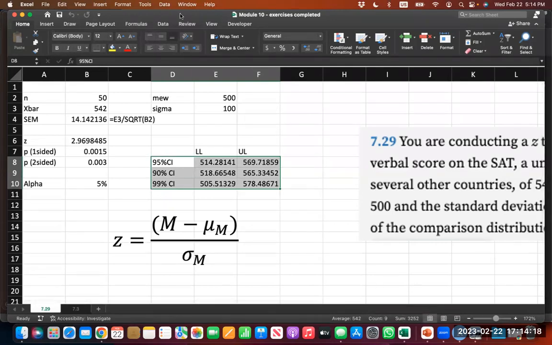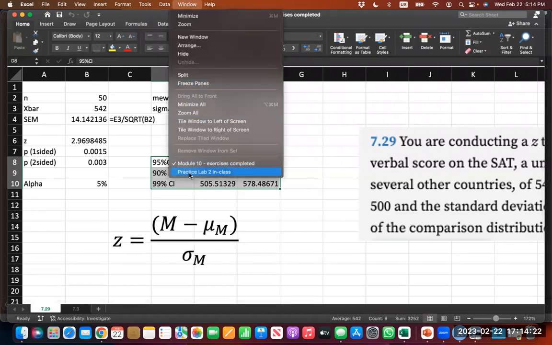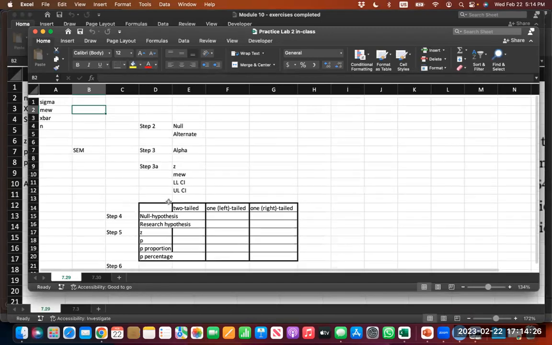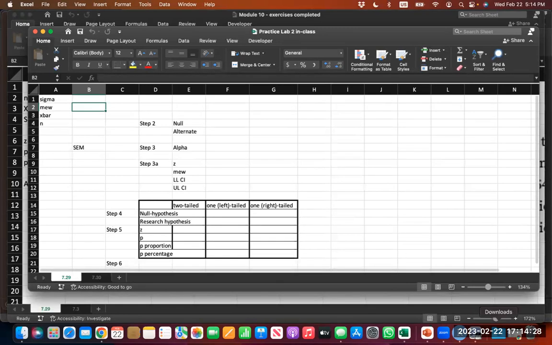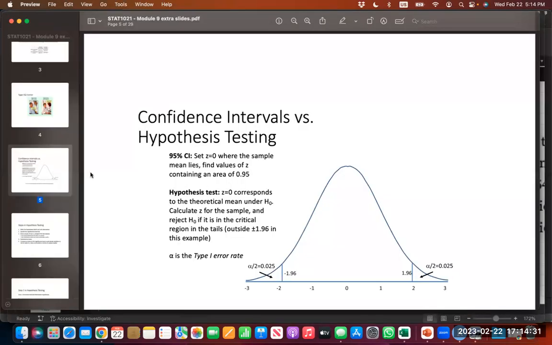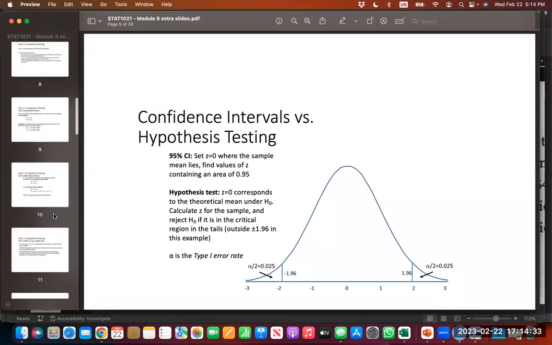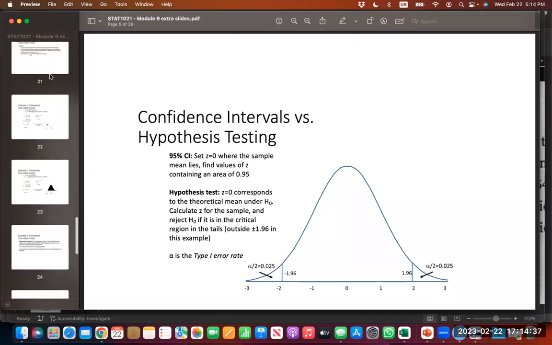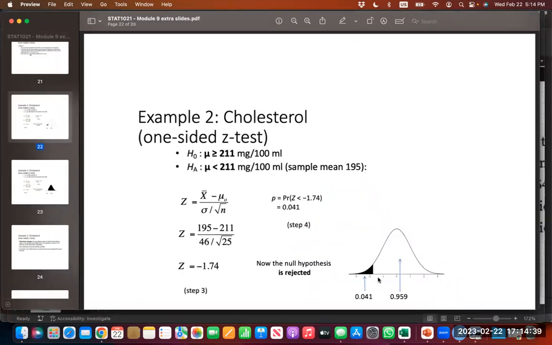So we're doing that example now a little bit more in detail. This is again 729 and 730. I want to go through this once again, because today we're going to add an additional dimension. What we're adding today is our left-sided and right-sided, one-sided z-test.